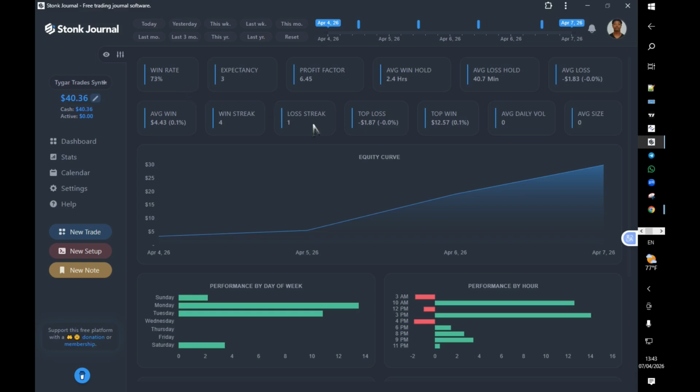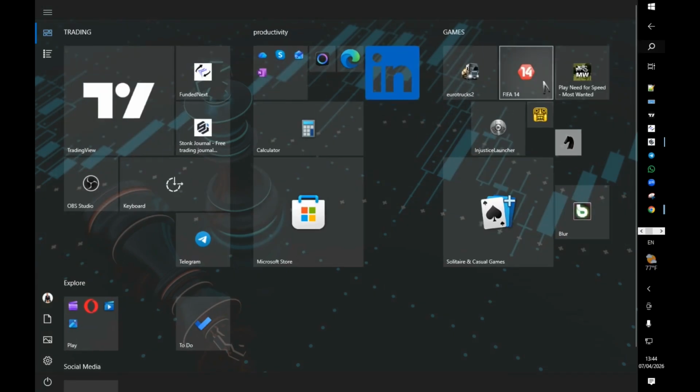I don't know what the average risk to reward ratio is, but our average winning position is $4 and our average losing position is 1.8. Let's take a calculator and just do the maths.